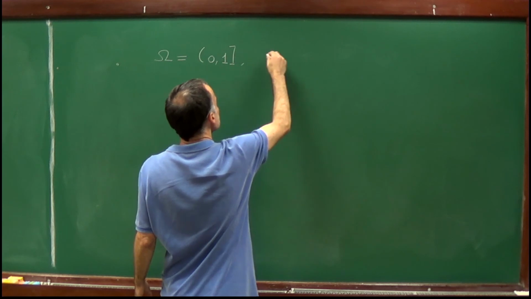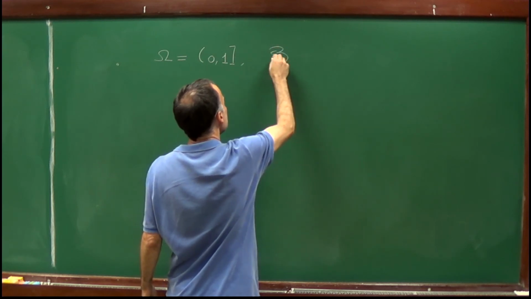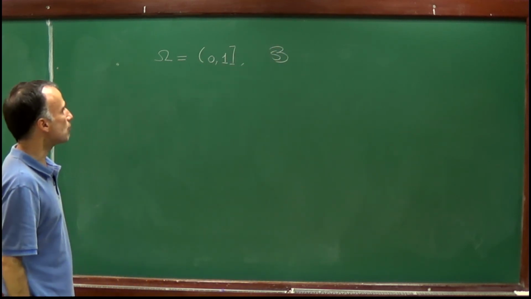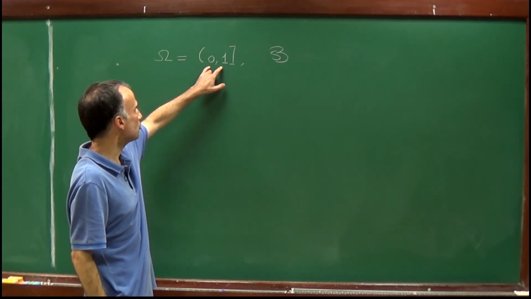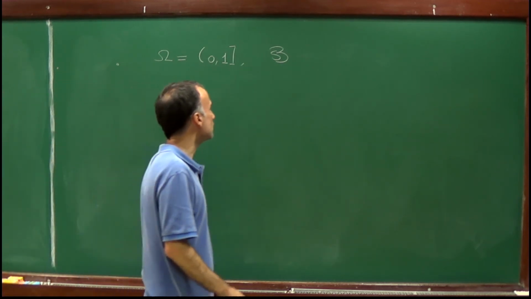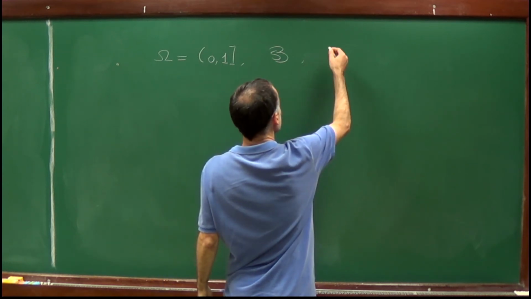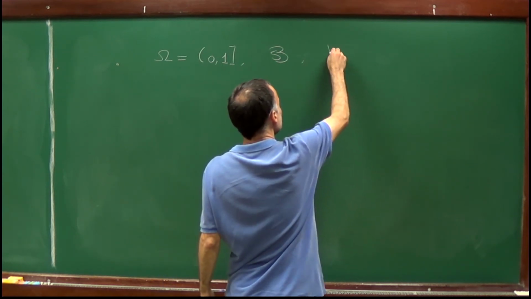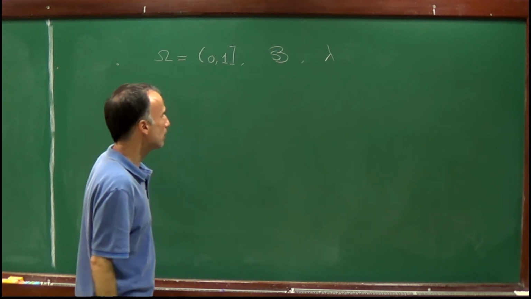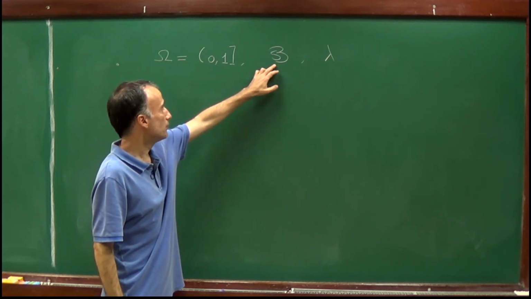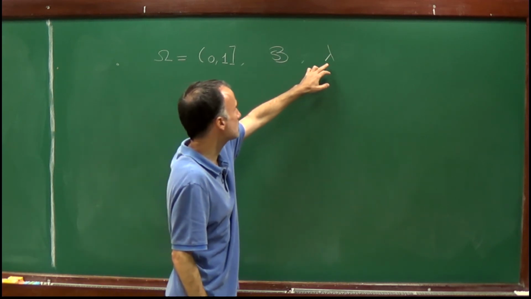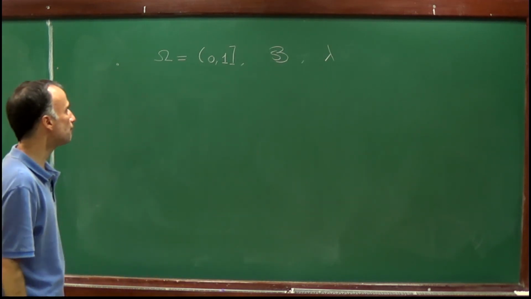Let's consider in 0, 1 the Borel sigma algebra, so the sigma algebra obtained by the open sets of this interval. Let me represent by lambda the Lebesgue measure, so the measure on the Borel sigma algebra which extends the concept of length.